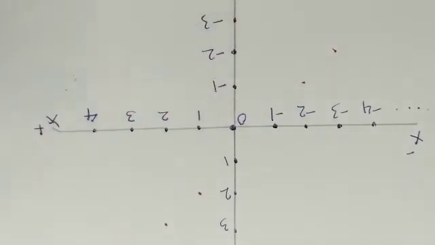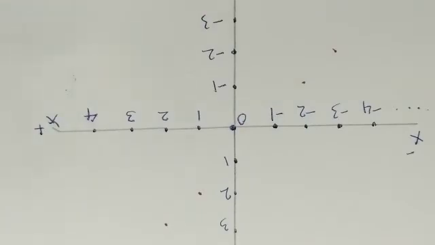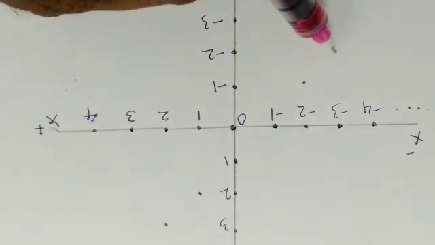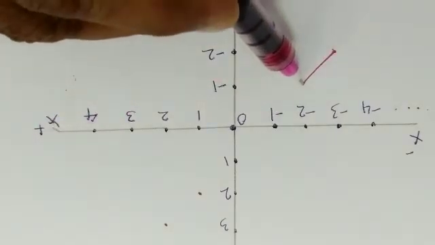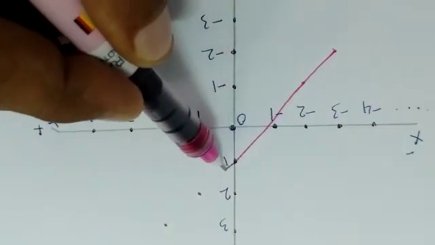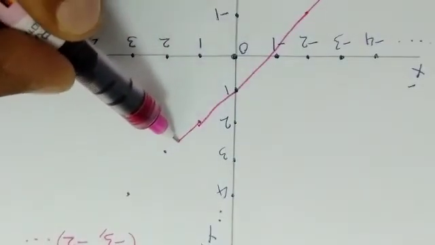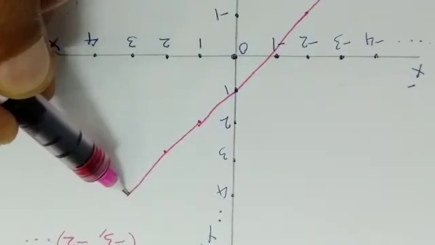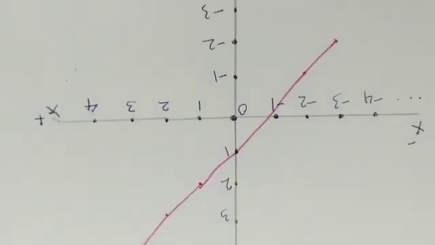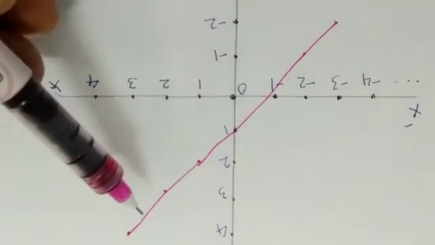Likewise, if you mark all the points you have made, and by joining, see, I am joining, I got a straight line.